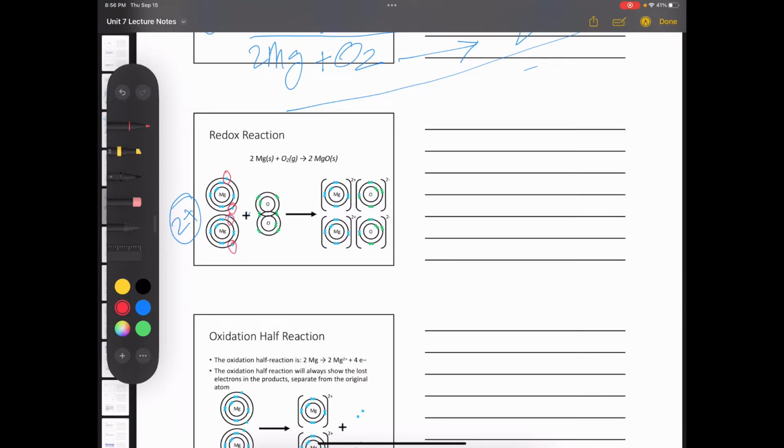That's why we see 2, 4, 6, 8, and a 10. Same thing happened with the second magnesium atom. So it lost these 2 electrons. So in total, we have 4 electrons lost and 4 electrons gained by the oxygen. And you can see these electrons standing out in 2 different colors.